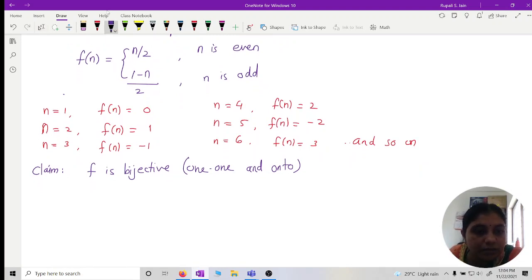To show 1-1, what do we consider? f of n1 is equal to f of n2, and show n1 is equal to n2, right? Yes, ma'am.